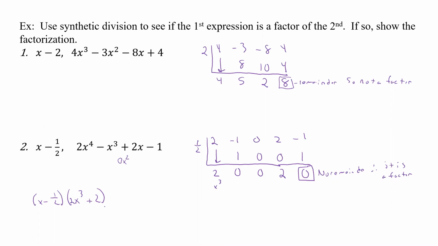And so that's going to be our factorization. So x minus 1/2, which is the factor we divided out, and it says it is a factor. And then what we get out of it is 2x cubed plus 2. And so that then is the factorization, doing the division of x minus 1/2 into that polynomial.